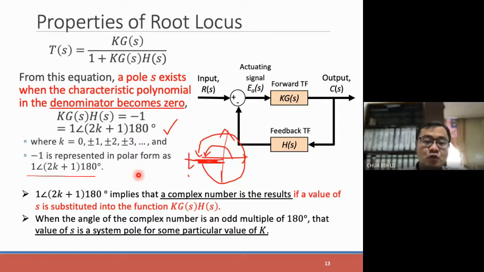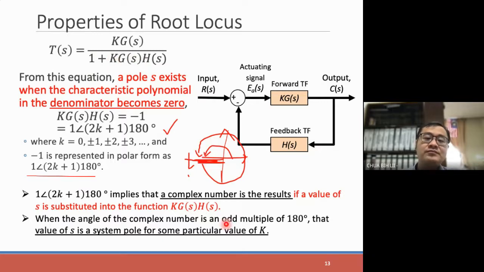What we can get out of this is that in a complex number, if the value of s is substituted into this particular system, it will result in the system having the poles, or sorry, the characteristic polynomial becoming zero.